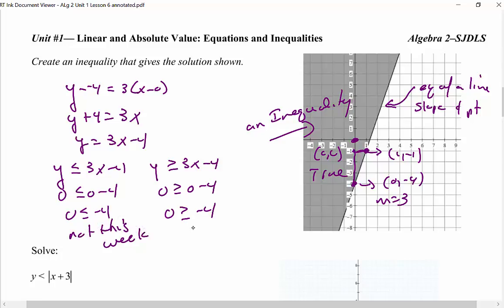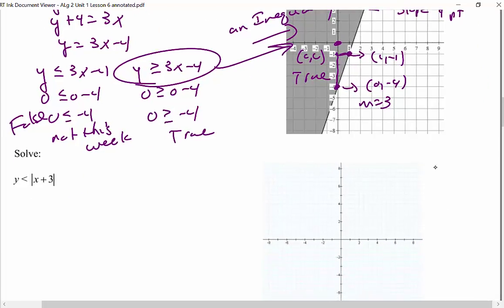Or next. This is true. This is false. So that means I want that inequality. Now, some people go, oh, Mr. White, can I just look at the inequality to determine whether it's above or below the line? Well, I can make it not come out that way. I'm telling you right now, the best thing in the world is to test a point. Okay.